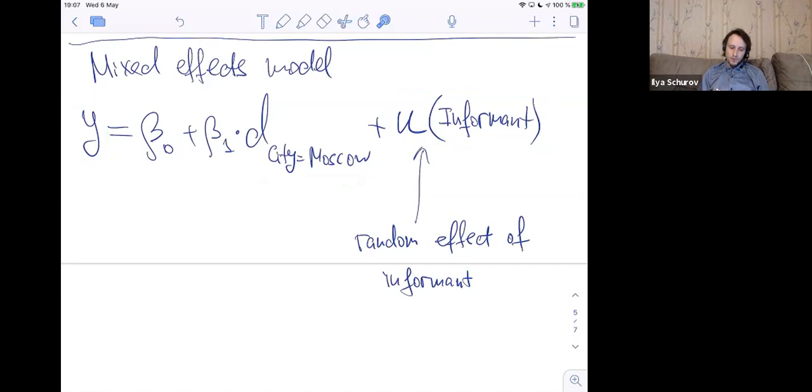And we believe that these values, this u of a particular informant, what is this thing?